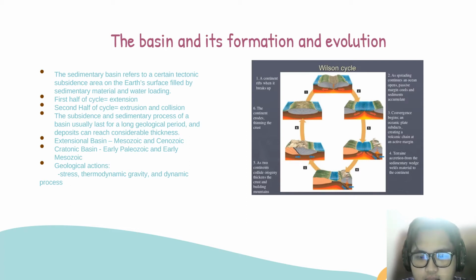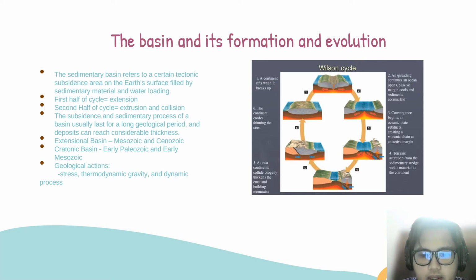Extensional basins are well developed globally in the Mesozoic and Cenozoic. The Mesozoic-Cenozoic flexural basins are mainly developed and distributed in West China, the Middle East, Russia, America, Africa, and some other regions.